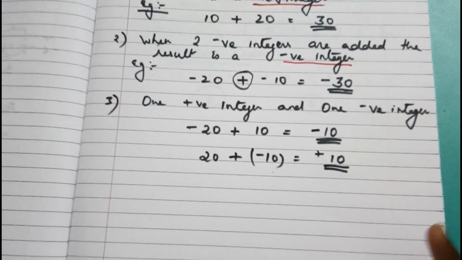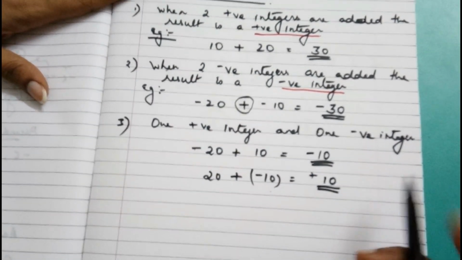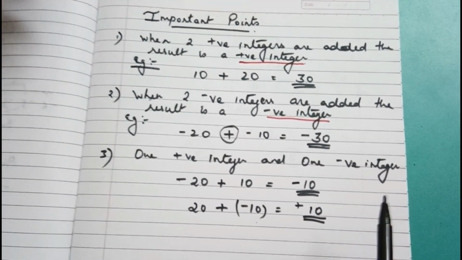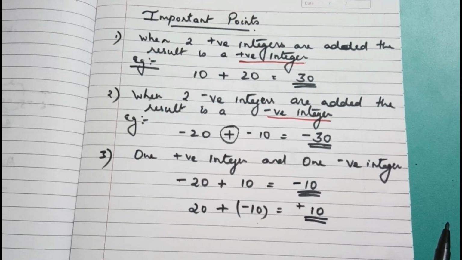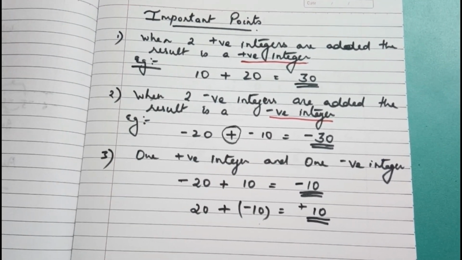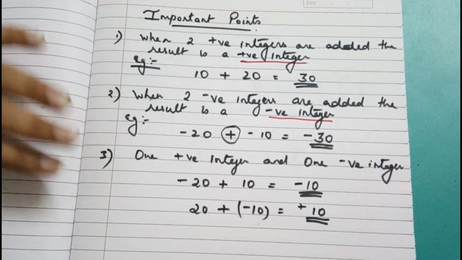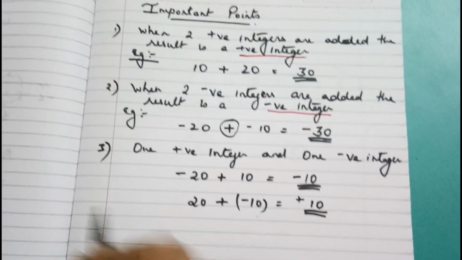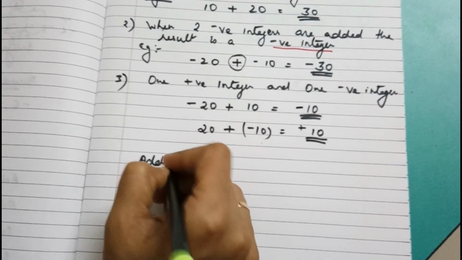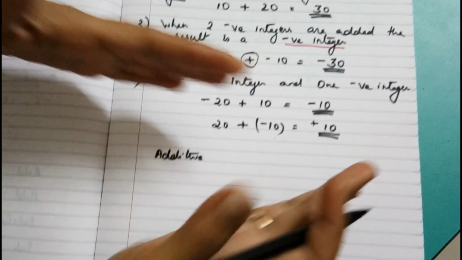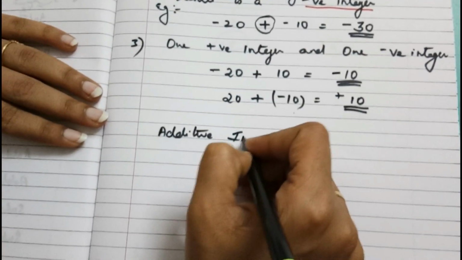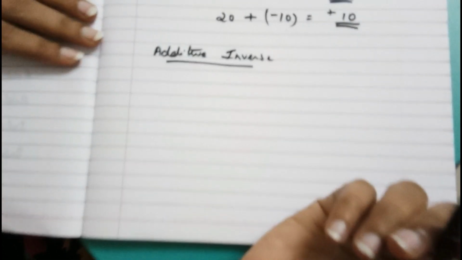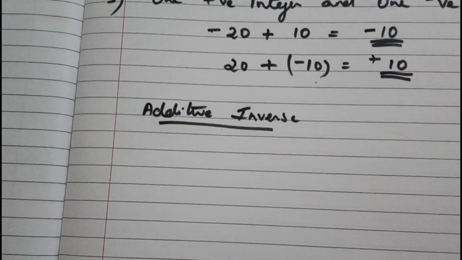So these are a few important points which are very important to know before we start doing the sums and the practice problems. I hope you guys understood this. Now after these important points, let's see a very simple thing, which is additive inverse. This portion is over. It's just a simple topic called additive inverse. Now what is additive inverse?